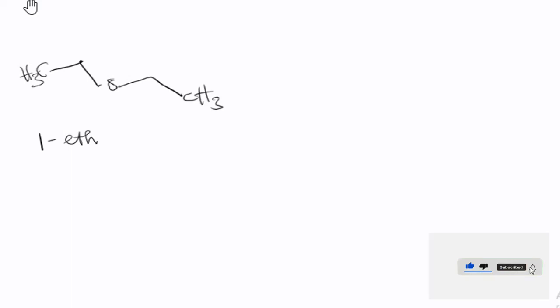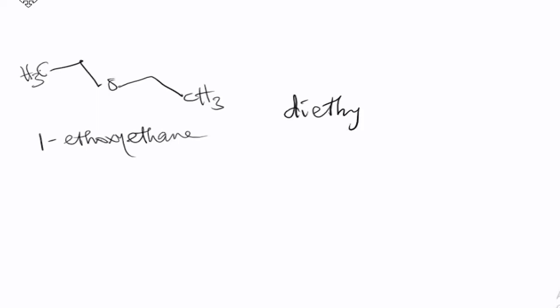For instance, if I have, let's say I have this, so this is CH3, this is CH3, so this should have been 1-ethoxy ethane. But then it can also be named as diethyl ether.